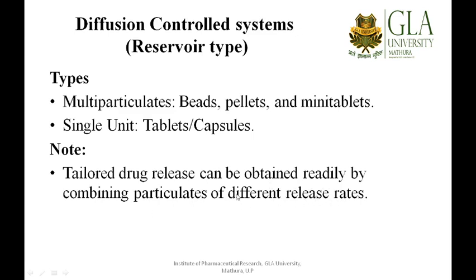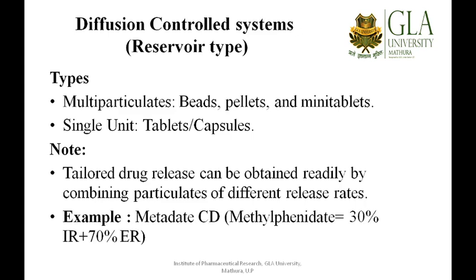So what we have done over here, we can coat a certain amount of beads or pellets with lesser thickness, so that the drug will be released fast, or we can increase the polymeric coating on the pellets or beads to a larger extent, so that delayed release or extended release can be influenced.